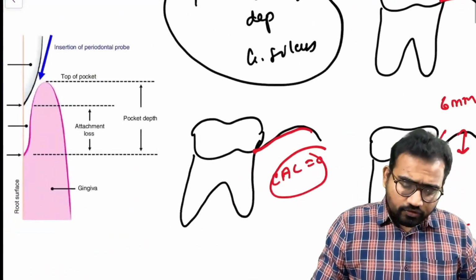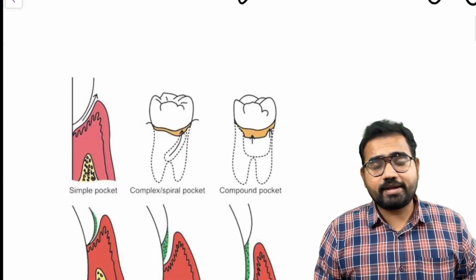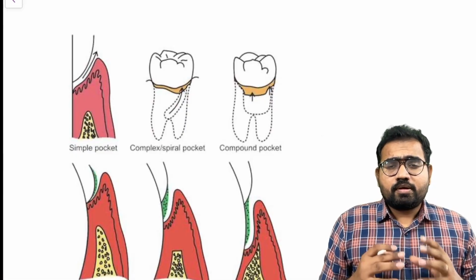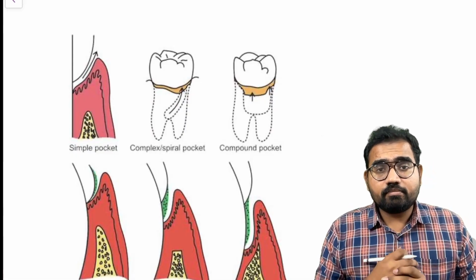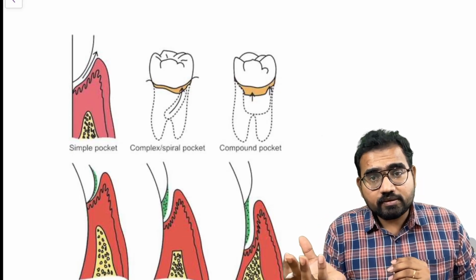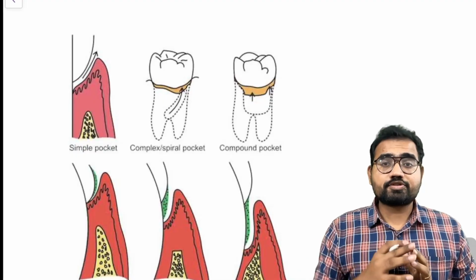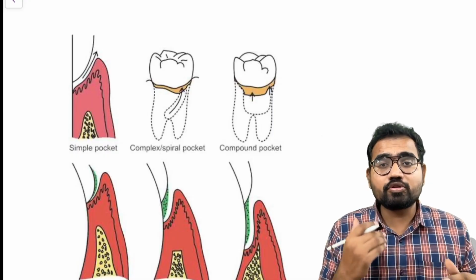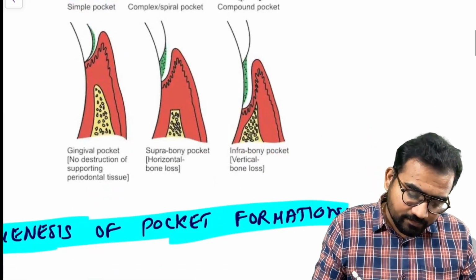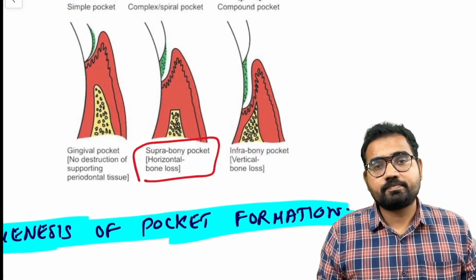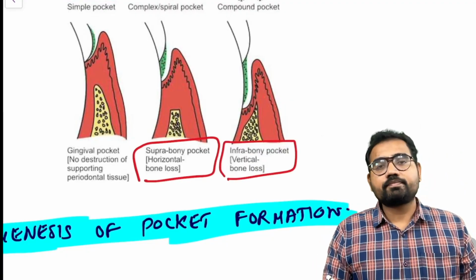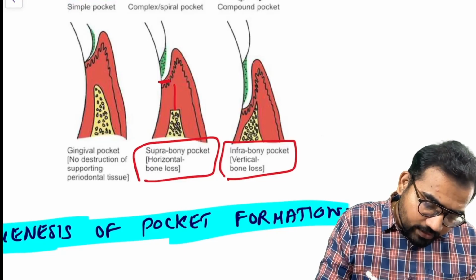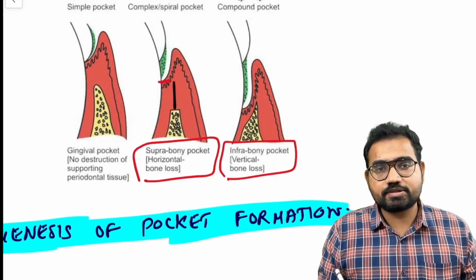Moving on to the classification of pocket. Any pocket can be apical to the crest of the bone, or it can be coronal to the crest of the bone. Depending upon the position of the pocket relative to the bone crest, you can classify it as a suprabony defect or an infrabony defect. Suprabony means the base of the pocket is above the crest.